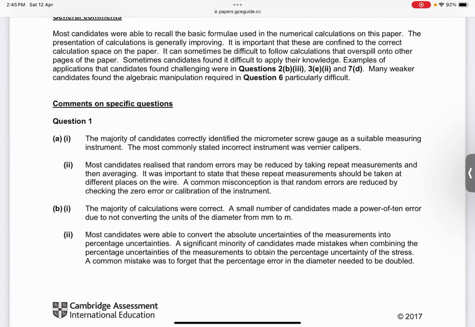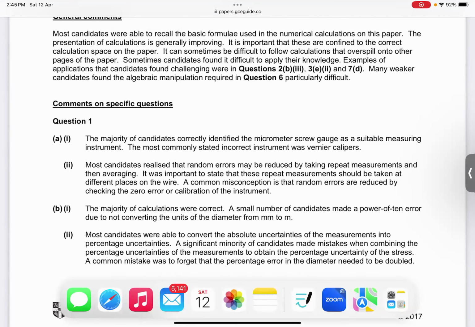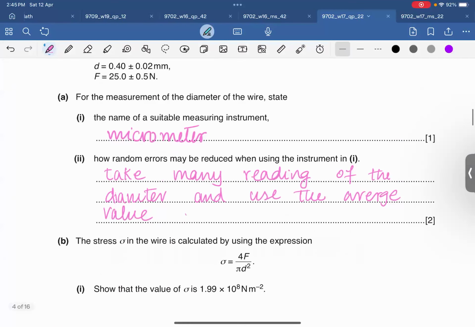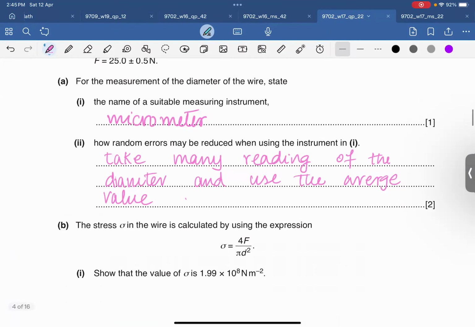A common misconception is that errors are reduced by checking the zero error. Okay, fine. So you can say: take many readings of the diameter. अच्छा, हमने ये नहीं लिखा, so you'll only get 1 mark for that.